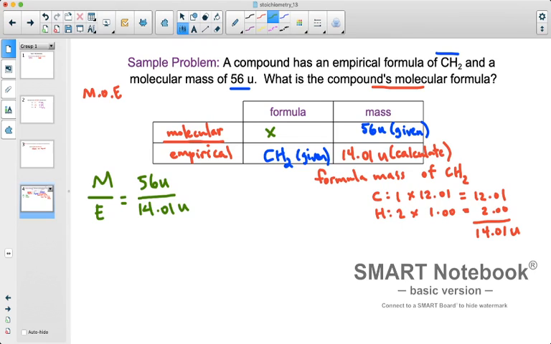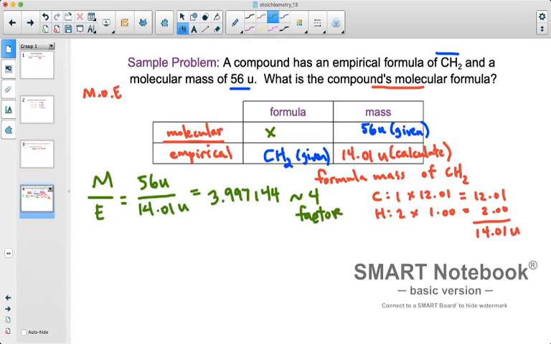When I solve for this mathematically, I end up getting a number of 3.997144 and a whole bunch of other decimal places. Now, you should know that when I calculate the factor using Mo finds the factor, it must be a whole number without any decimals. So I'm going to have to round this. 3.997144 with a whole bunch of other decimals rounds to approximately 4. And that 4 ends up becoming my factor. So Mo found the factor.